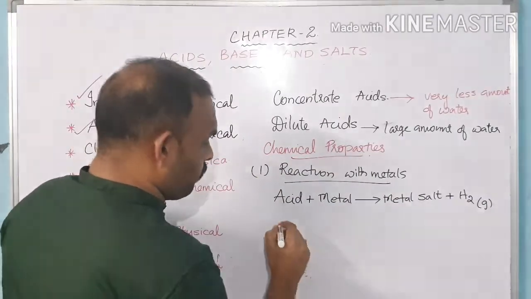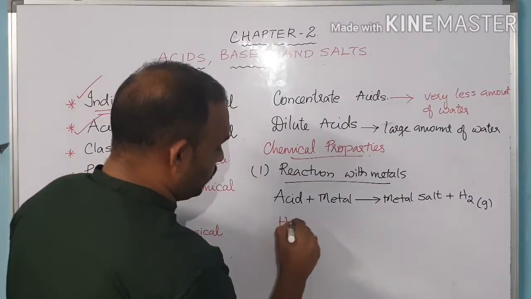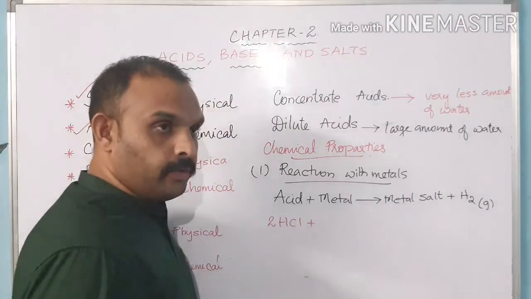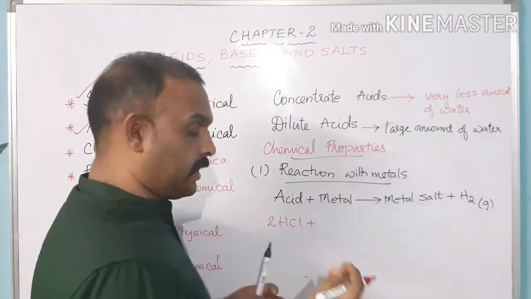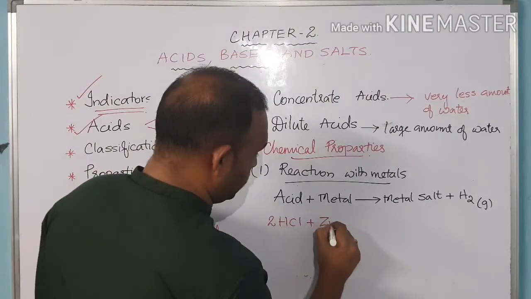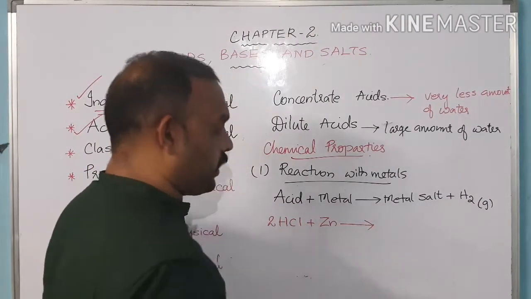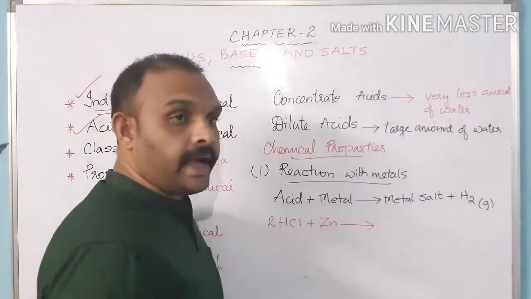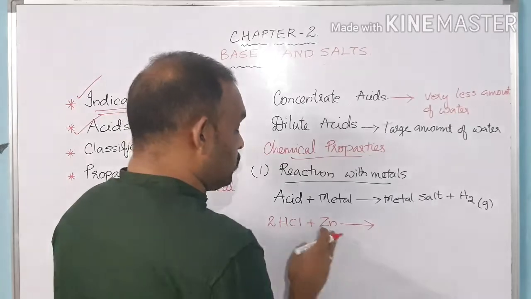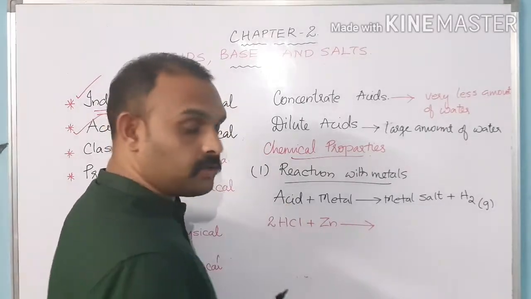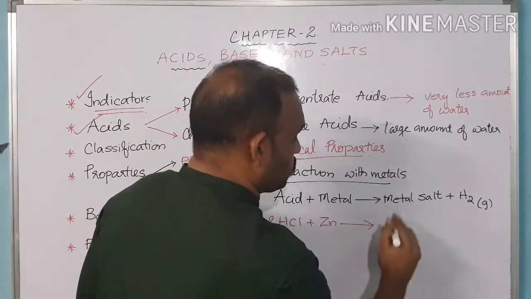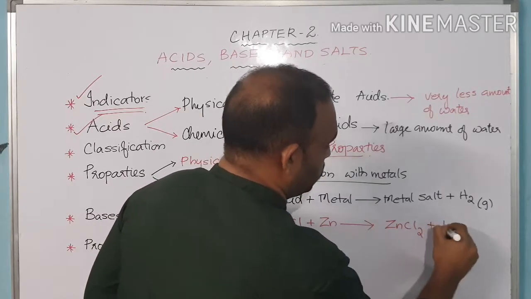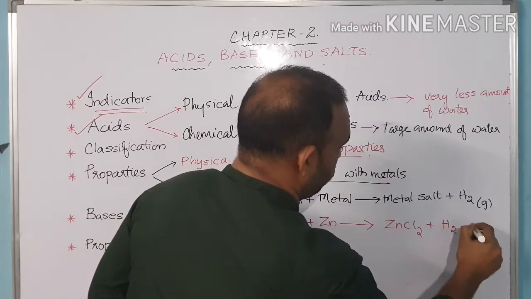When you add some zinc granules to a few ml of HCl, that is hydrochloric acid, what will happen? Zinc, being more reactive than hydrogen, will displace hydrogen from hydrochloric acid, and a metal salt, zinc chloride, will form and hydrogen gas will evolve.